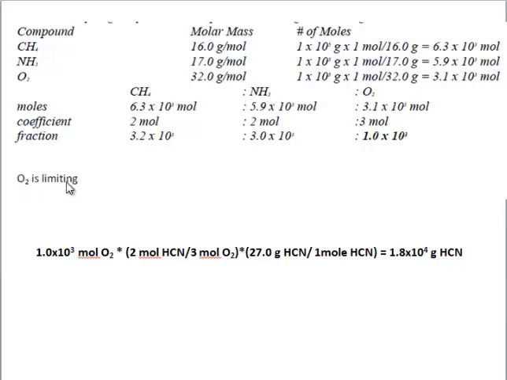The limiting reactant is the starting point for all stoichiometry problems. We can start with 1.0 times 10 to the 3 moles of oxygen, convert to moles of product using the balanced chemical equation, 2 moles HCN over 3 moles O2, and convert to grams of HCN using the molar mass, or 27.0 grams HCN over 1 mole HCN, is 1.8 times 10 to the 4th grams of HCN.